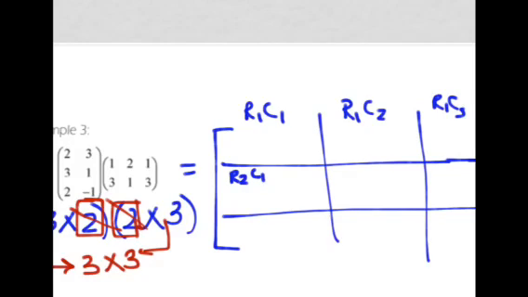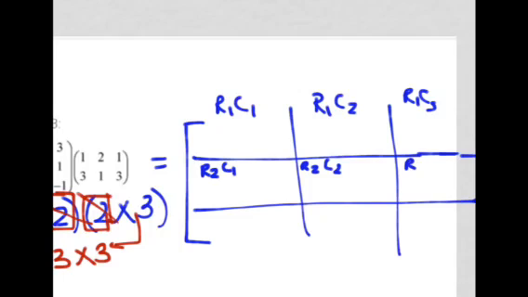Row 2, column 1, row 2, column 2, row 2, column 3. Row 3, column 1, row 3, column 2, row 3, column 3.